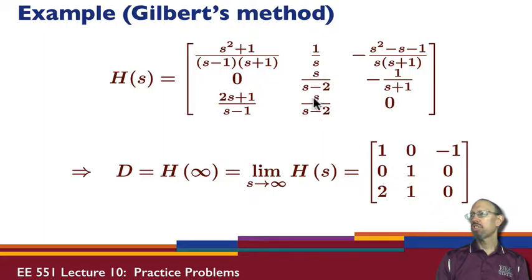Again, the coefficients are 1 here. That's a monic polynomial. Usually when we write a transfer function, we write it as a monic polynomial, that is, the leading coefficients of s are 1. In this case, I get a 2 when I take the limit as s goes to infinity. So this is my D. Okay, so that's my D term.